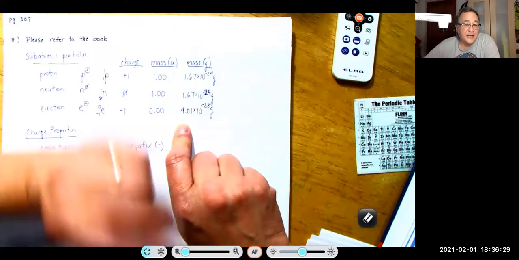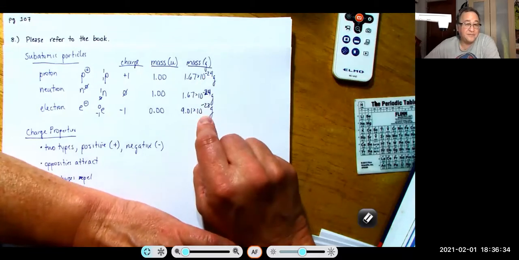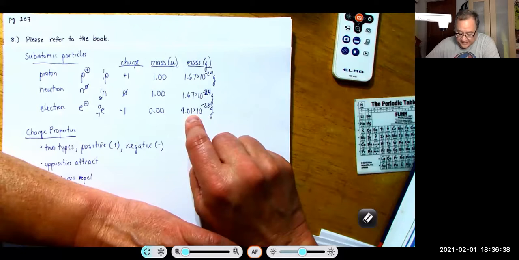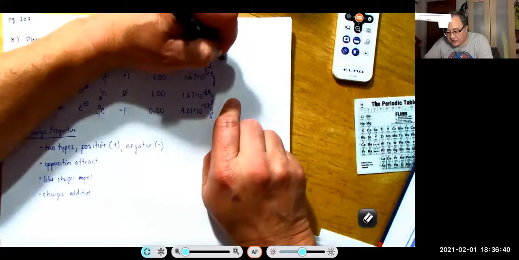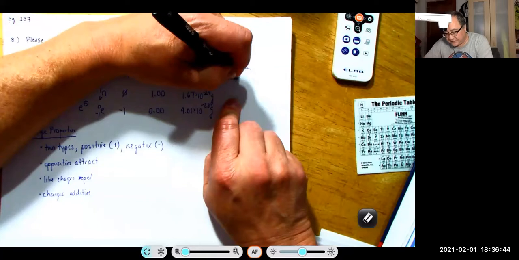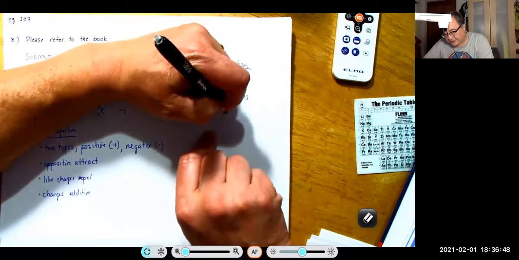And here you can see that we've got -24, and this one's -28. So this is quite a bit less massive than these guys. And their location is the nucleus, and surrounding the nucleus.